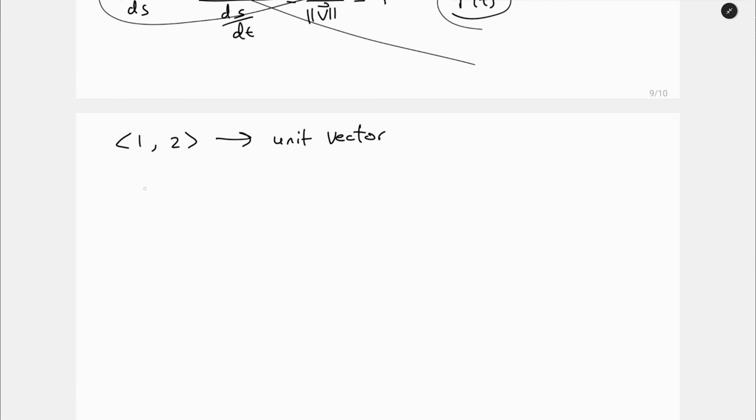We go and transform this 1, 2 into a unit vector. So we divide it by its magnitude, which becomes 1, 2 divided by root 5.